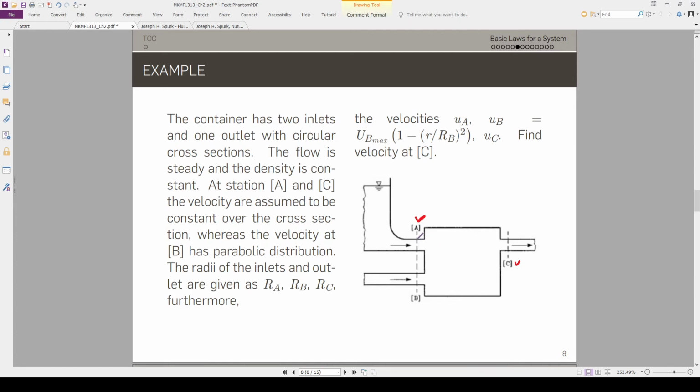If we can imagine, at point A we have a constant velocity.